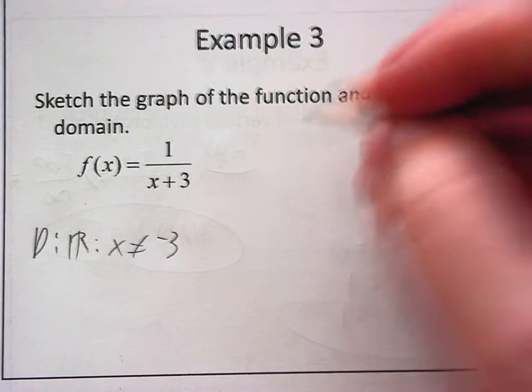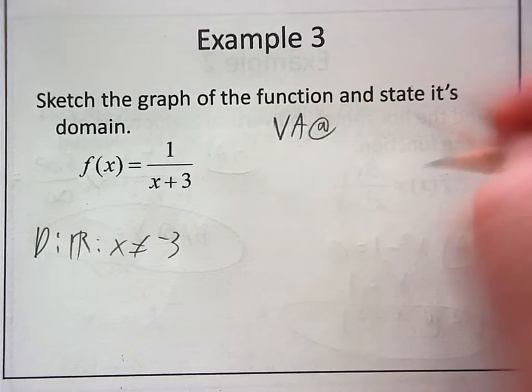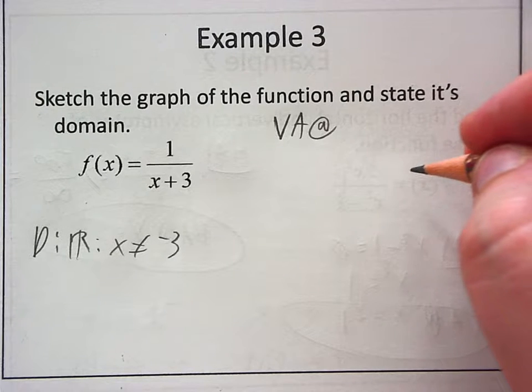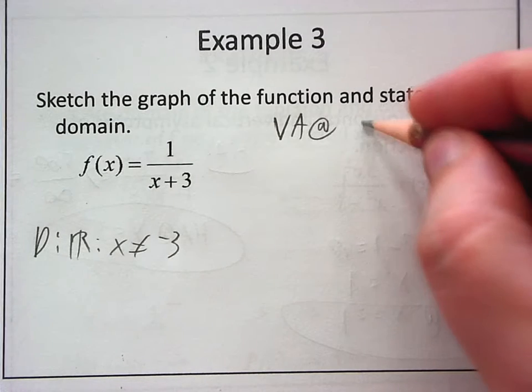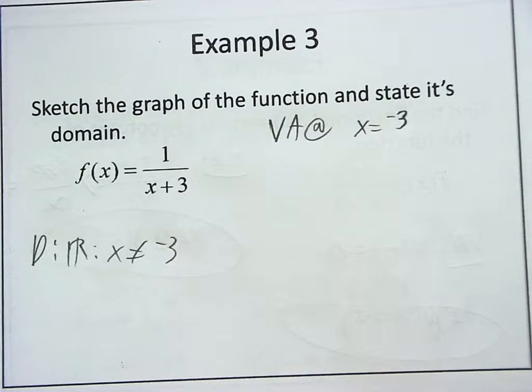So that also gives you the vertical asymptote, which would be what? X equals -3. And if you just have -3, I'm going to count it wrong because that's not a line. You need to have x equals -3 for that.